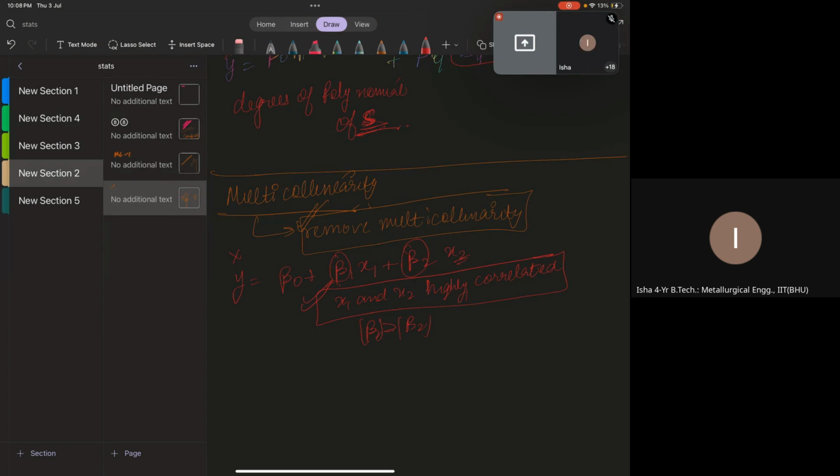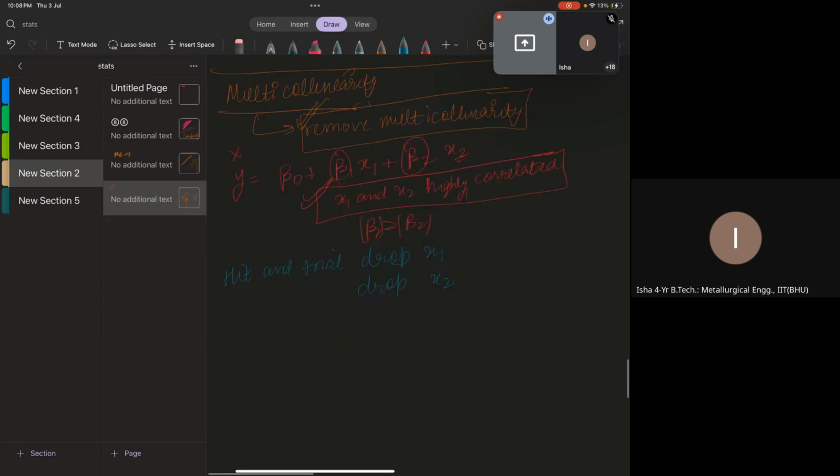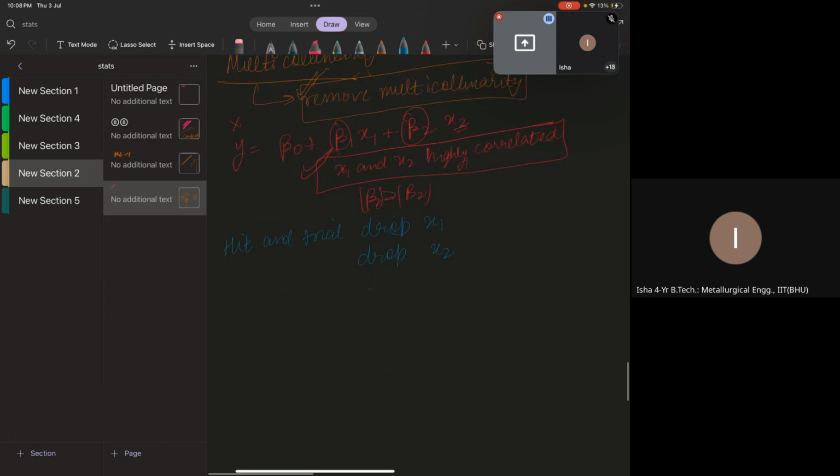So again, either you do hit and trial, you drop x1, you drop x2, or you might go forward and combine x1 and x2 in any way you want.